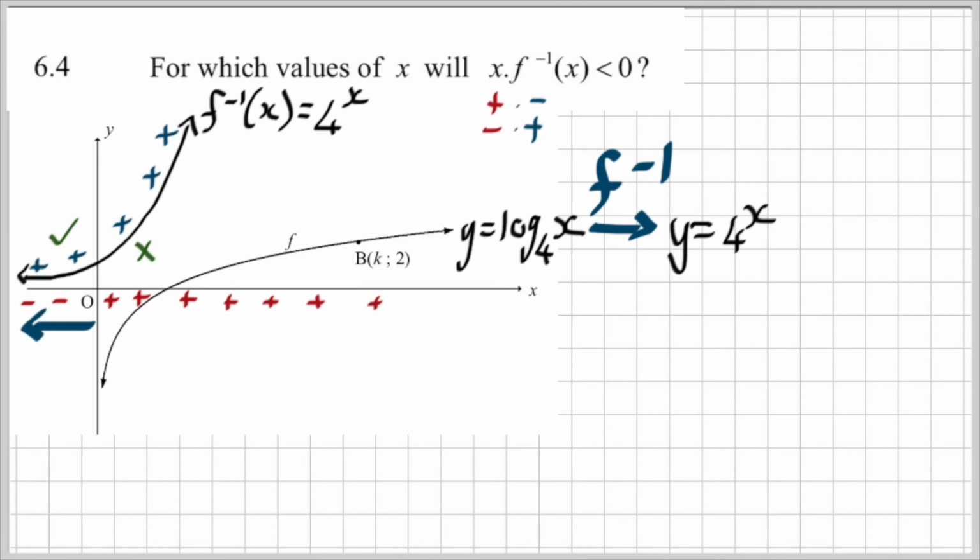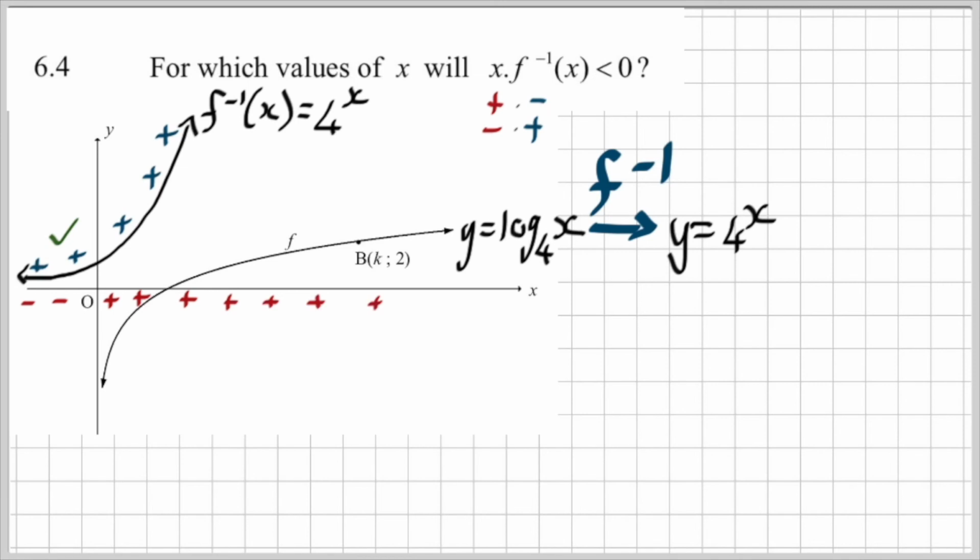Now, let me rewind my screen a little bit. If I first just backtrack and say, where do the positives come from? Because I'm looking for the y values of the inverse. Now, on the left of 0, I've got a positive times by a negative, so that works out.